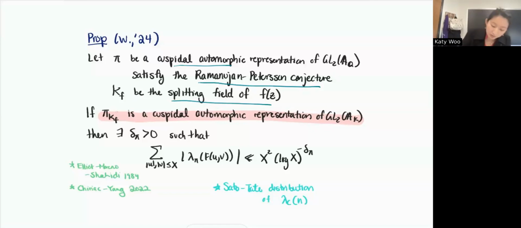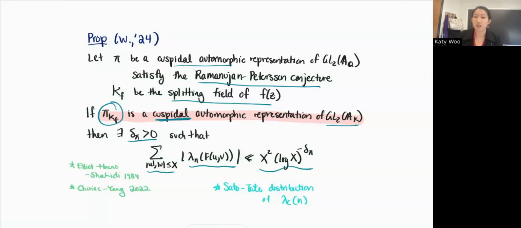Then if the base change of pi to K_f is a cuspidal representation of GL2 of A_{K_f}, then there exists a positive delta such that the sum over u and v of the size of these Fourier coefficients, even with the absolute values around them, is going to be less than x squared times log x to the negative delta. And so where is this coming from? Well, it's coming from knowledge about the Sato-Tate distribution of these Fourier coefficients of your cusp form.